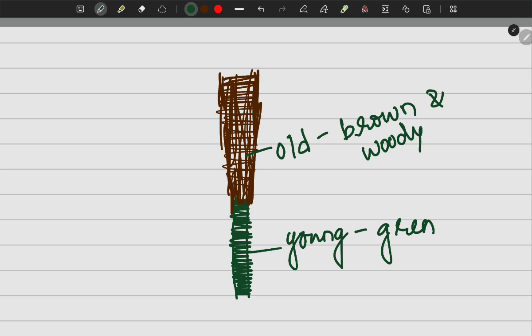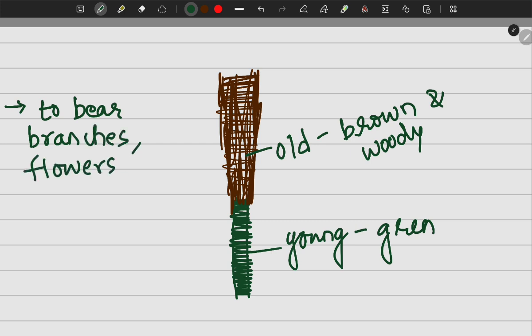Now, if we look at the functions of a stem, the main function is to bear branches, flowers, fruits, and leaves.